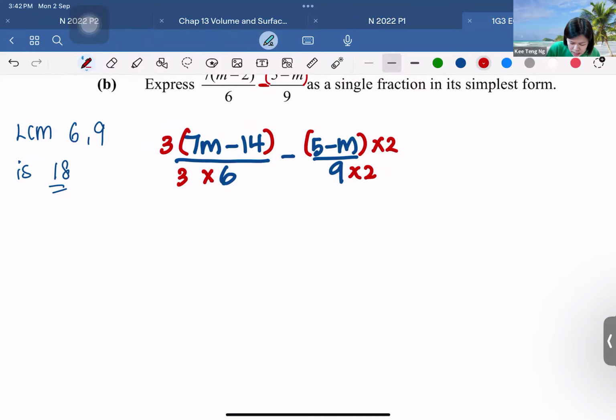Okay, so in this case, I don't like to write 2 separate denominators and 2 separate fractions. I'll make it into 18. Notice I'm combining everything together. So when I multiply, my subtraction sign will change.